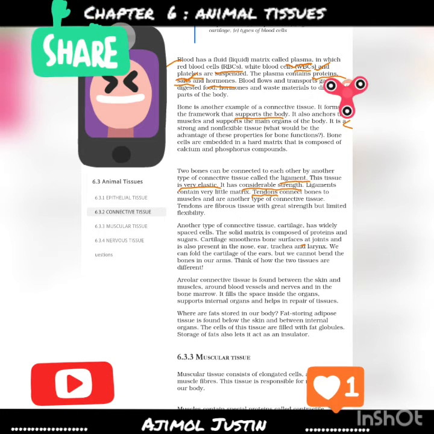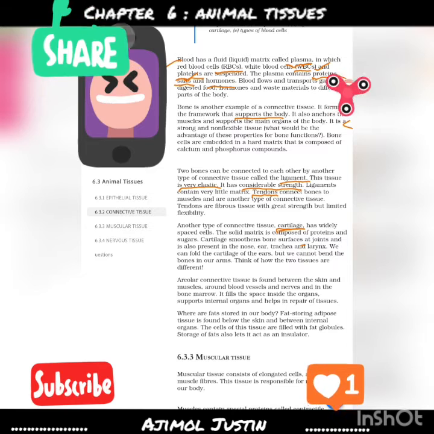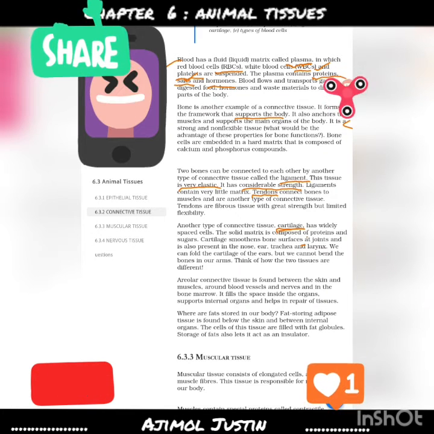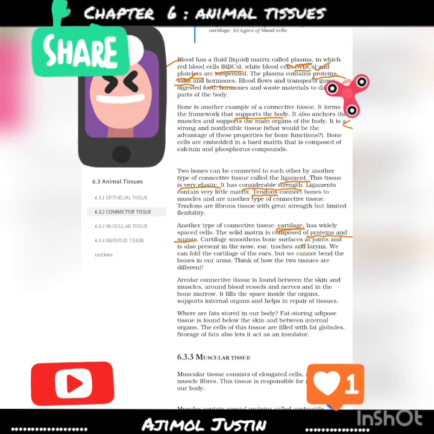Now the next type of connective tissue is cartilage. Cartilage has widely spaced cells. The solid matrix is composed of protein and sugar. It is made up of protein and sugar. And what is the main function? Cartilage smoothens bone surface at joints.